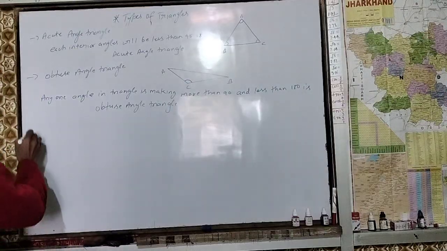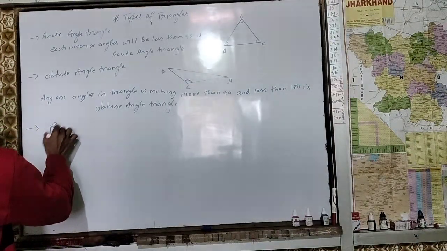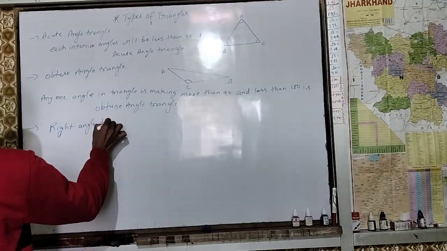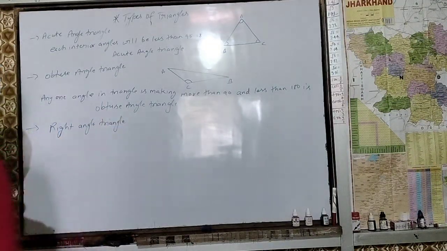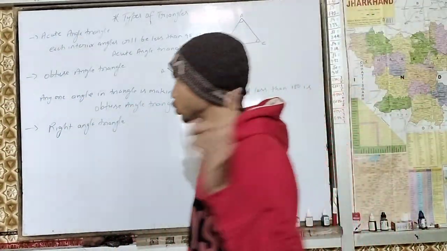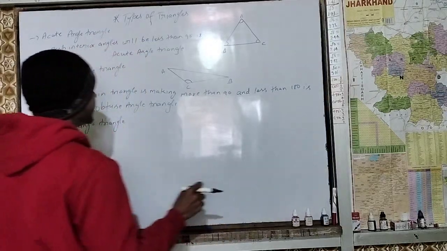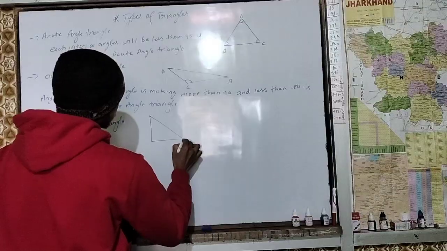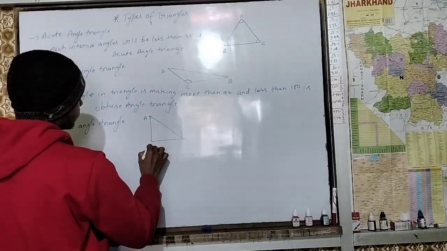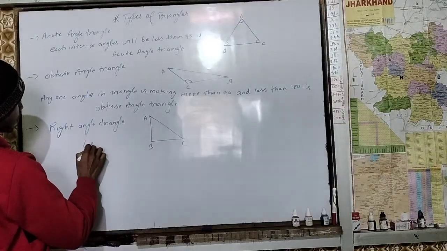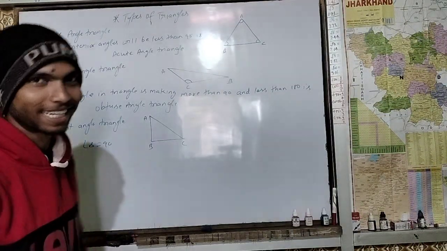Okay. Next we have right angle triangle. Right means 90 degree. You will observe one angle in the triangle is making 90 degree. This A, B, C. Angle B is how much? 90 degree. Okay? Angle B is 90 degree.